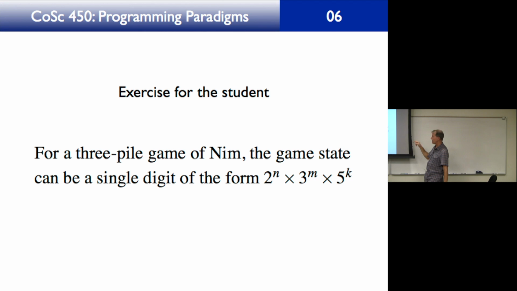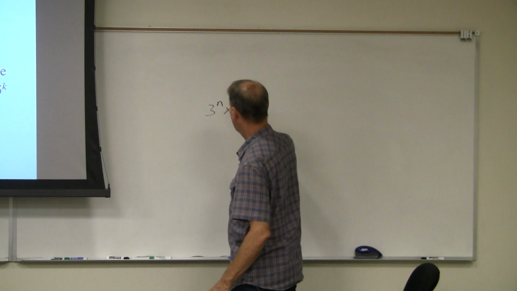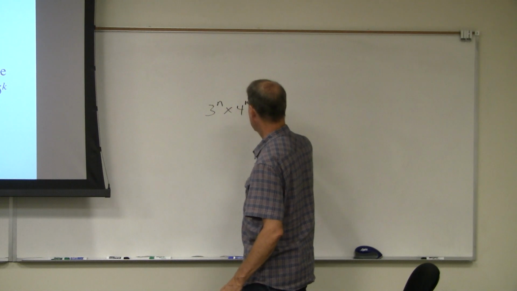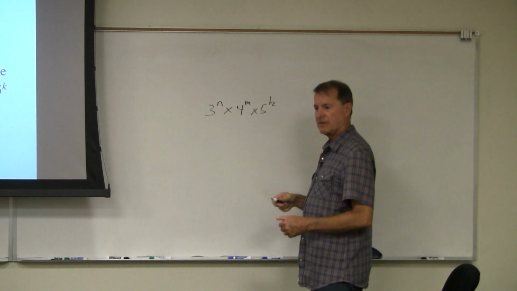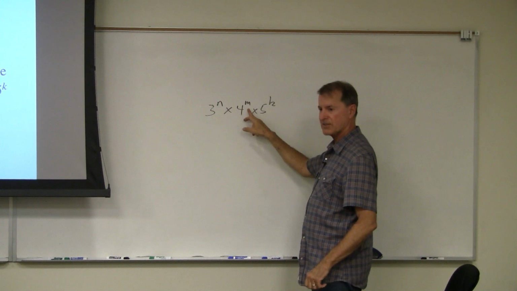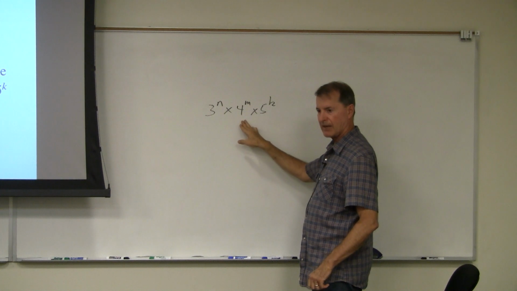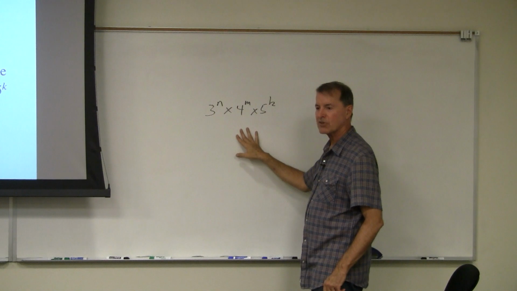So it could have been of the form 3 to the n times 4 to the m times 5 to the k. The only thing is, the way you extract one of these is by successively dividing by the base, and as long as these are relatively prime, this would have worked also.